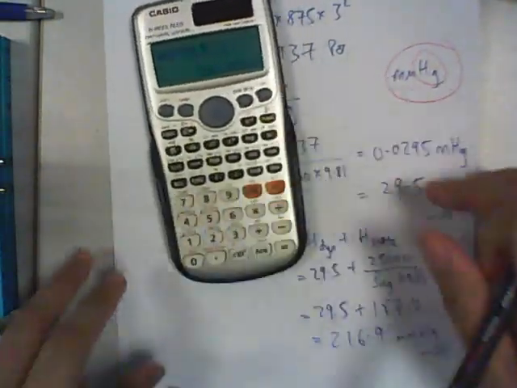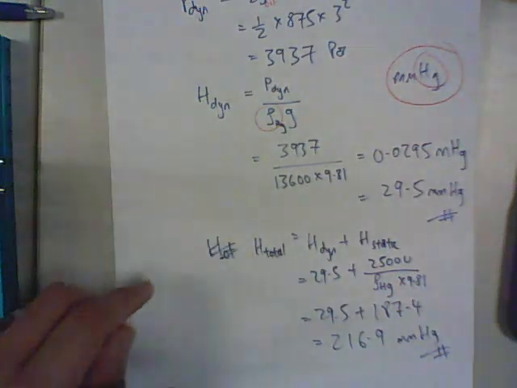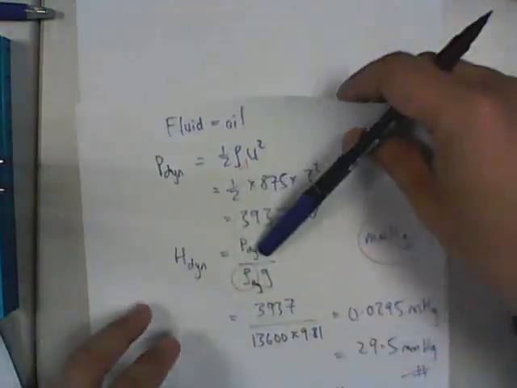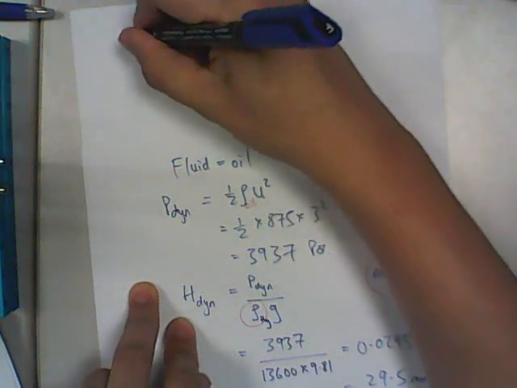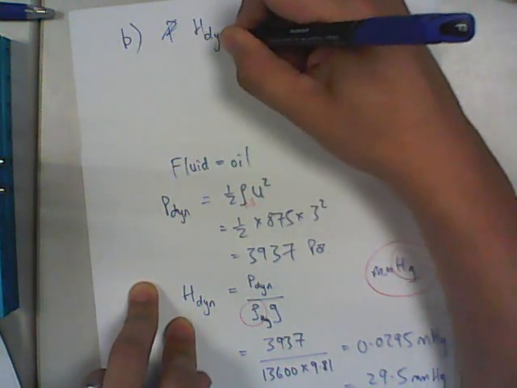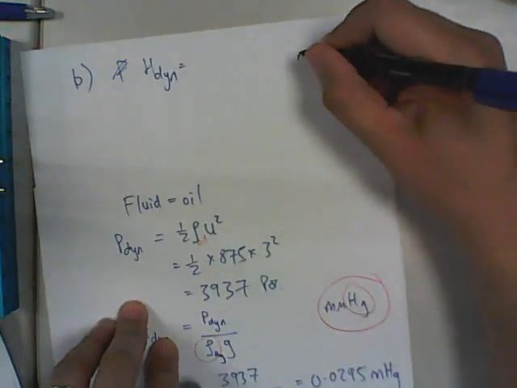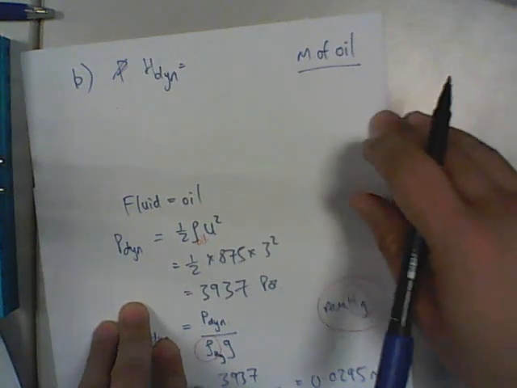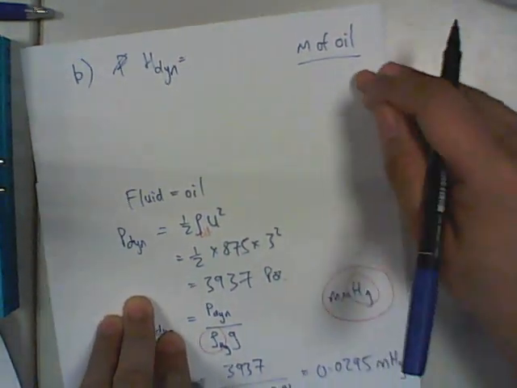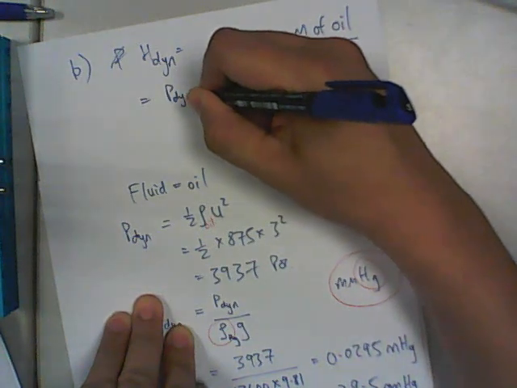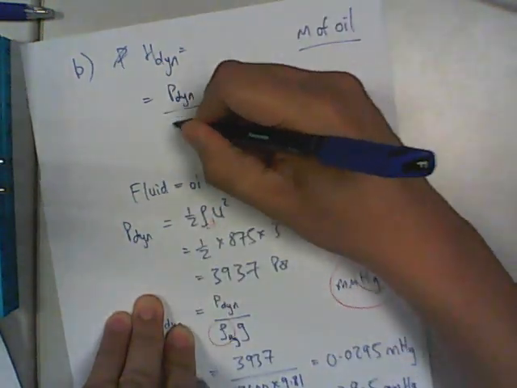And the question does not end here, because you realize that in part B, you're also supposed to find head. But this time the unit is in meters of oil. It is no longer mm of mercury, it is meters of oil. So you use back the original dynamic pressure that you found.